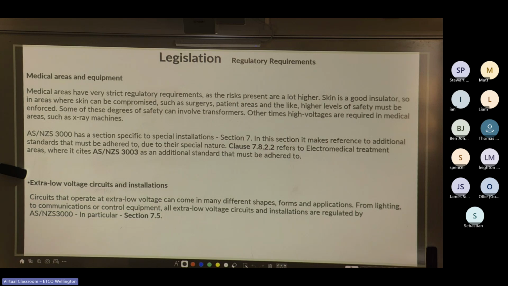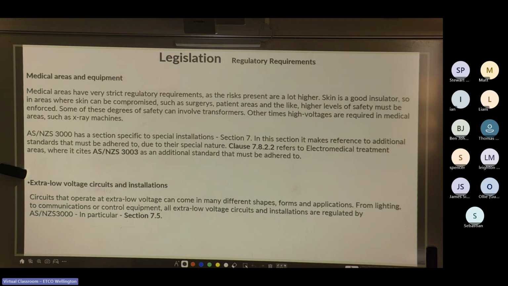So one thing with that is that surgical areas require isolation transformers for the equipment that's being used above or near the operating table. One job I did most recently was Wakefield Hospital, working on the 7 new operating theatres there. All 7 operating theatres required isolating transformers mounted in the corridor outside, and they were for the power points, lights, and all the equipment that is being used around and above the surgical table.